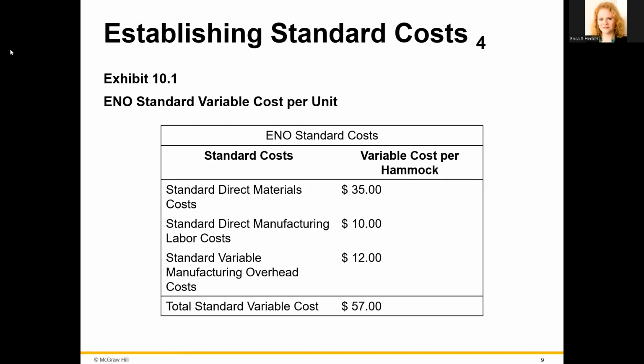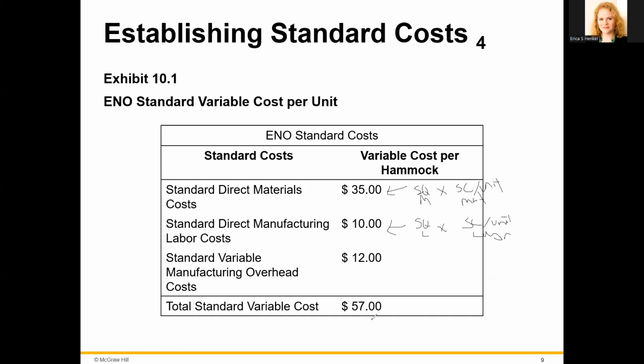Now, each of these, by the way, is based on a standard quantity of materials here times the standard cost per unit of materials, okay? And this one here, the labor one, is going to be the standard quantity of labor times the standard cost per unit or hour of labor, okay?